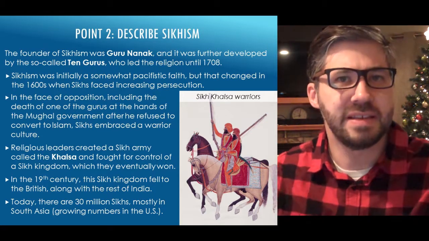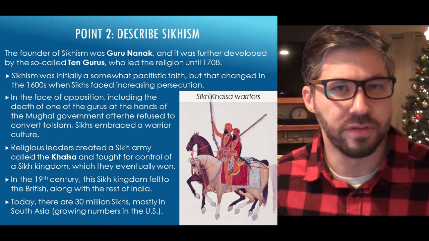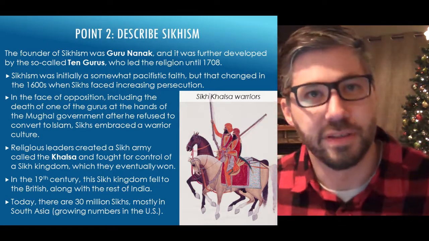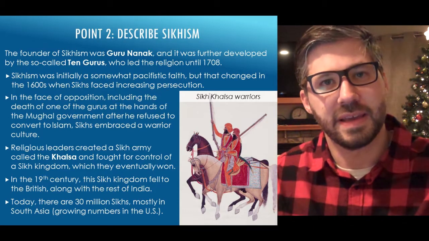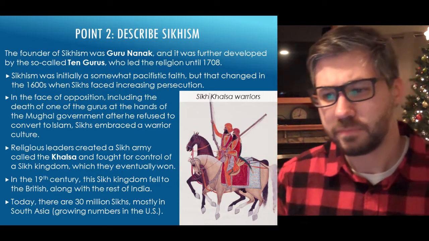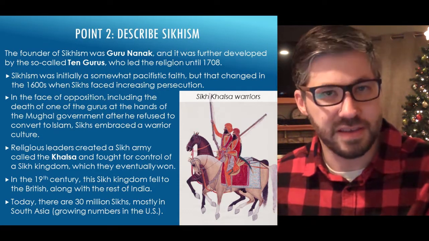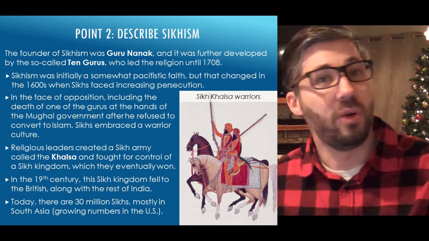Eventually India, at the end of the Mughal Empire, is going to break into all kinds of semi-autonomous regions, and then later on, the British East India Company is going to come in and scoop them all up. But one of those, and a notorious one, was a Sikh kingdom. And eventually, the British are going to be able to use the Sikhs as a minority that's helpful to them.